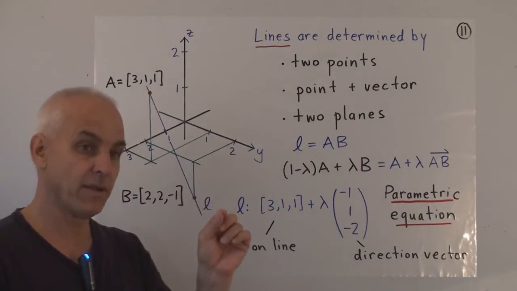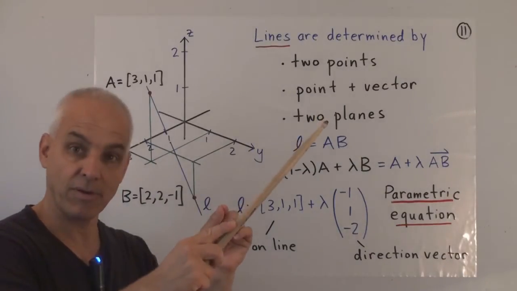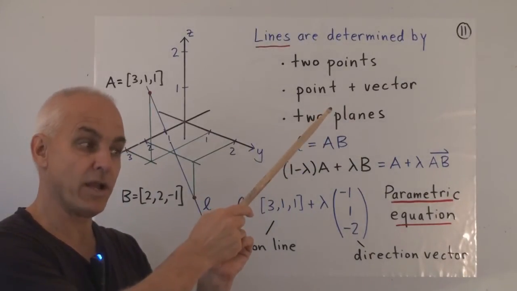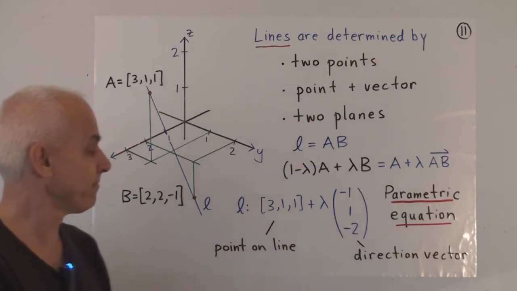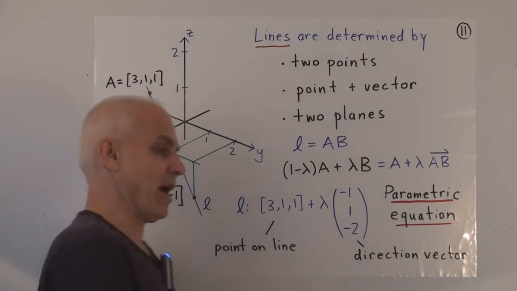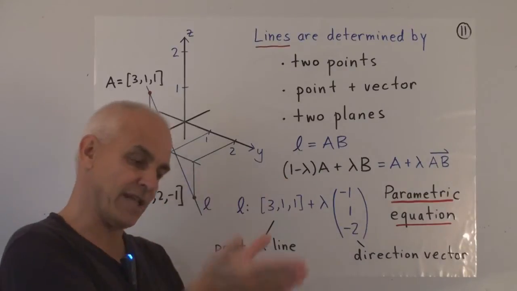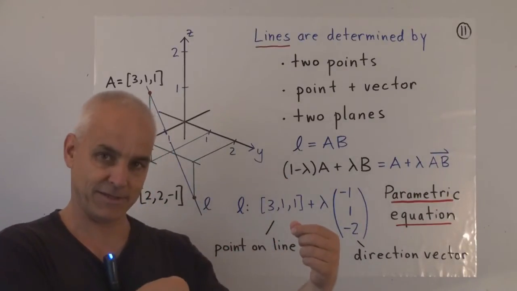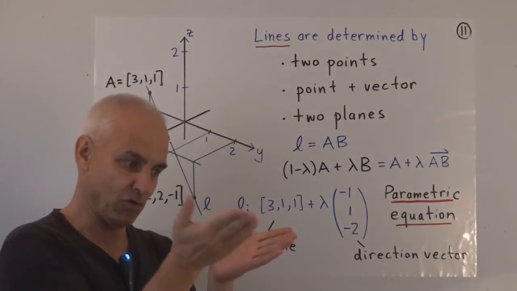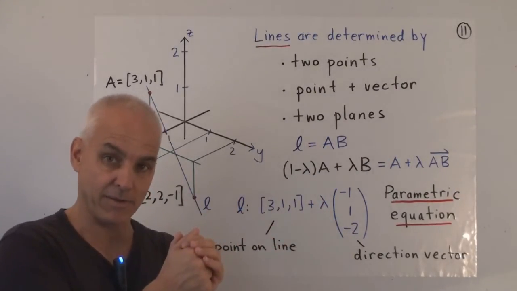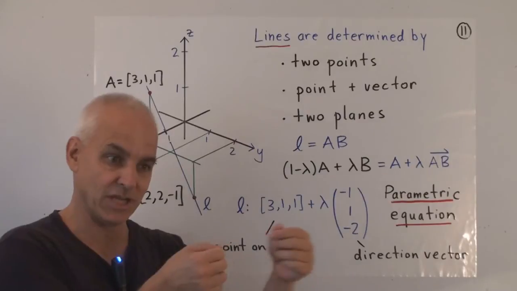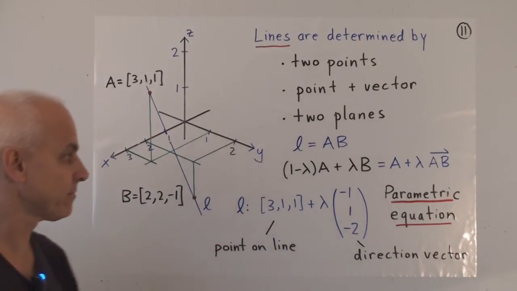If we have a point and we have a direction vector, then there's exactly one line through the point with that direction vector. Another way to think about a line is as the intersection between 2 planes. Given 2 planes, the meet is a line. So that's another way of describing a line, by giving 2 planes which intersect along the line.